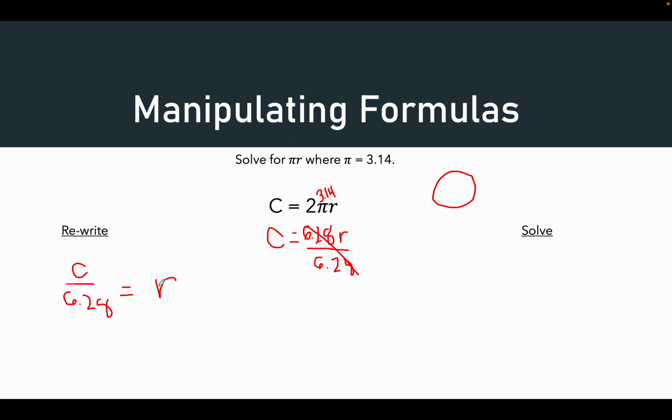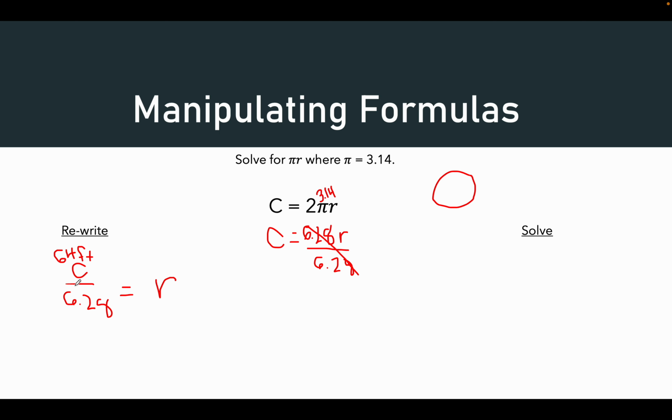Now imagine that if I knew that the circumference was 64, if this distance was 64 feet around it, then I could actually plop this in and divide it out.